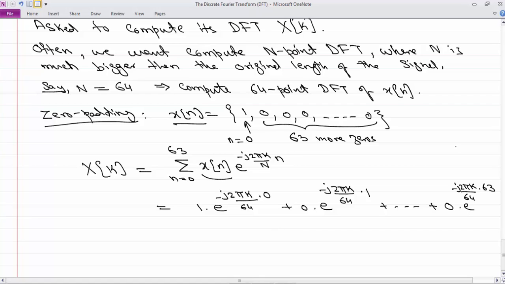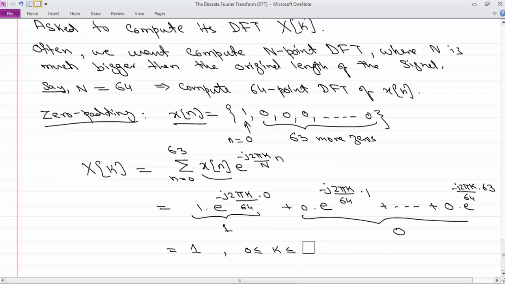So x[n] is 0 for the remaining values. So this whole summation is going to be 0 except the first term, and that is e to the 0, so that's 1. So I have that X[k] equals 1 for k between 0 and N minus 1, where N minus 1 is 63.